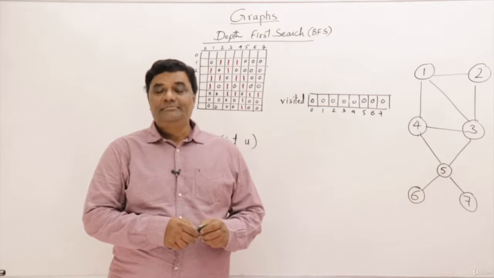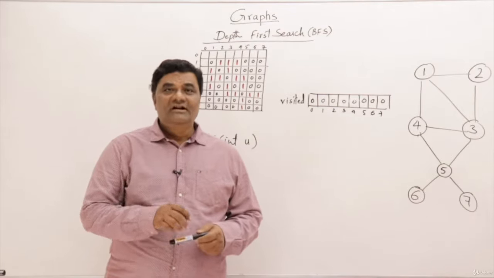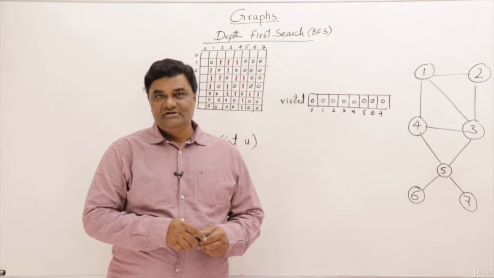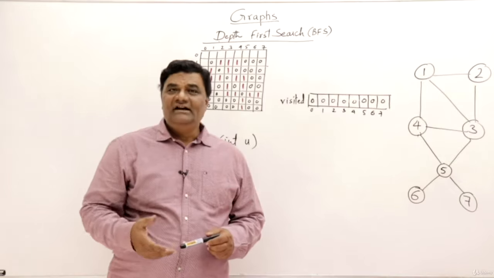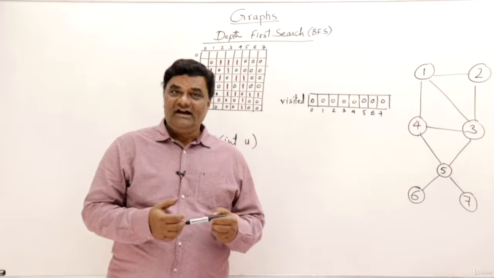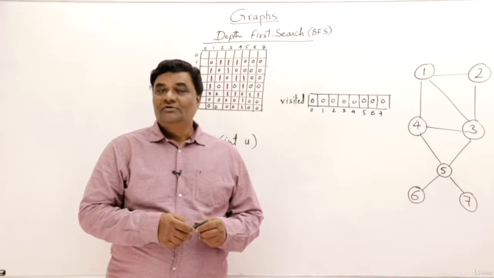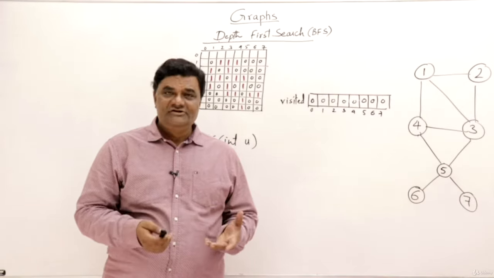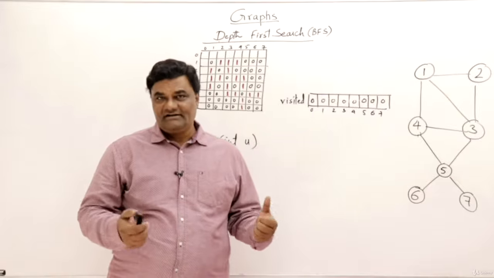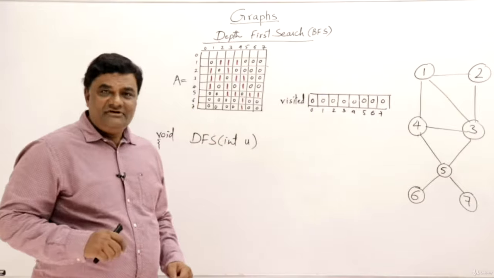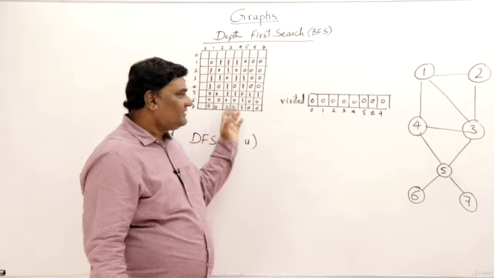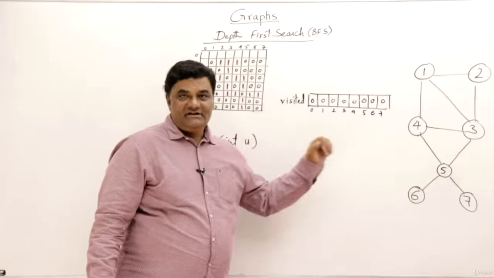In this video, we'll look at a program or algorithm for depth first search. As we have already seen, a depth first search uses a stack. So if we write a recursive function, it automatically uses a stack. For writing depth first search, I have already taken a data structure for this graph.